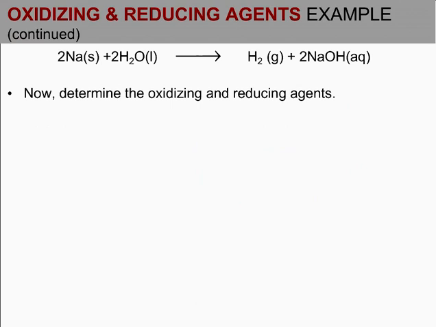Okay, so now let's determine which element is the oxidizing agent and which element is the reducing agent, or rather, which compound is the reducing or oxidizing agent. We said that sodium lost electrons, so it was oxidized.